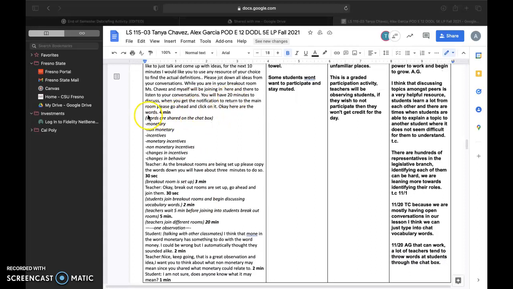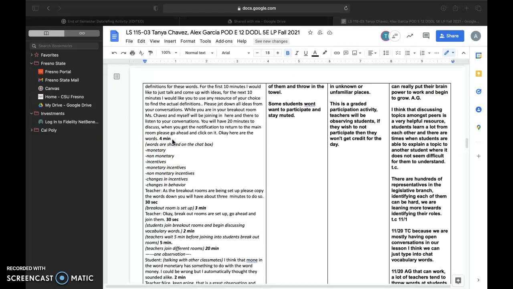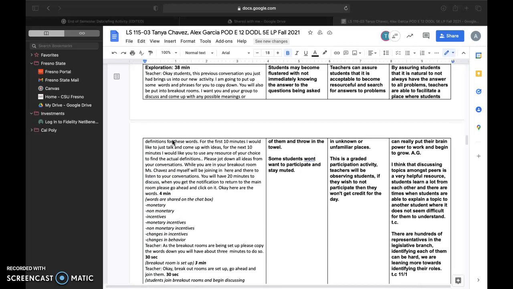Alright, so we gave them a list of words that we entered into the chat box, and this was the list of words right here. And some of the questions I was asking was, alright, class, what do we think incentives mean or could mean? And they came out of their shells and they took a shot at it.